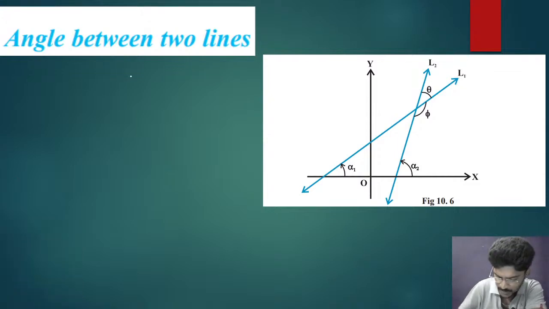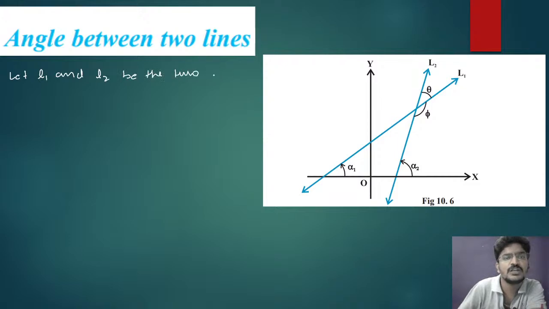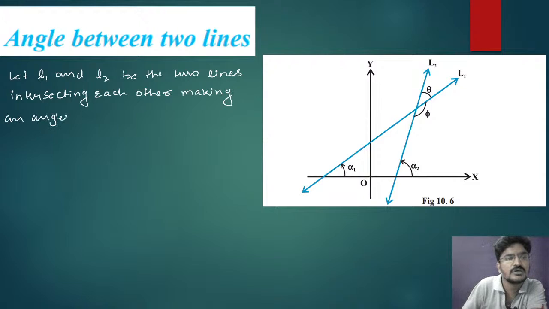Let L1 and L2 be the two lines intersecting each other, making angles theta and phi between them.